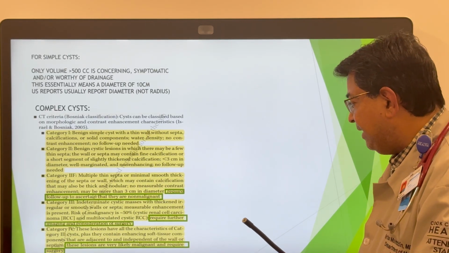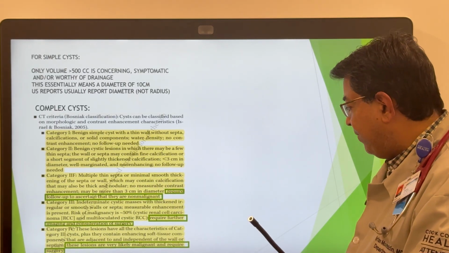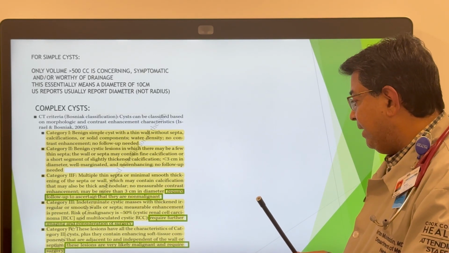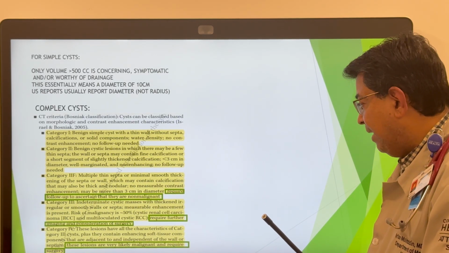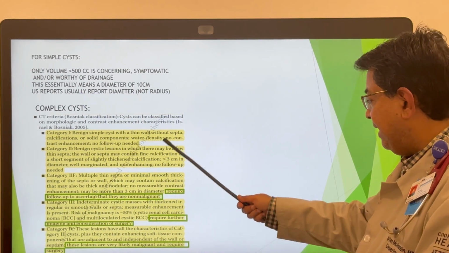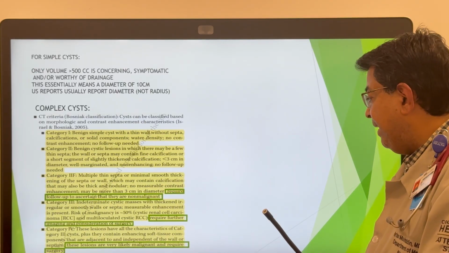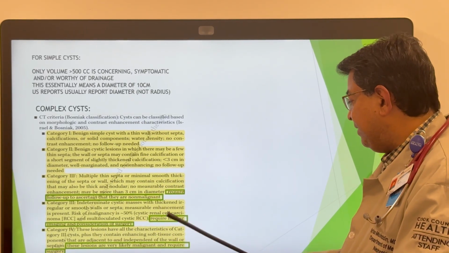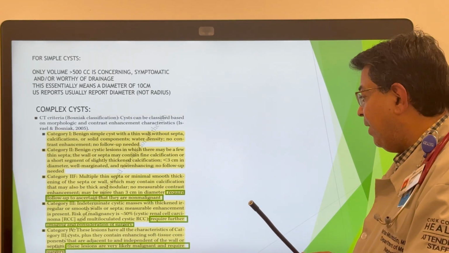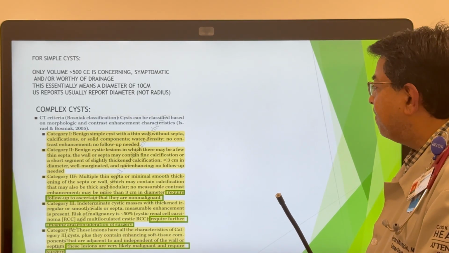But consideration for surgery would be category 3, and category 4 would be very likely malignant and require surgery. So these would be all the characteristics of category 3 plus enhancing soft tissue components that are adjacent to and independent of the wall or septum. Next slide.